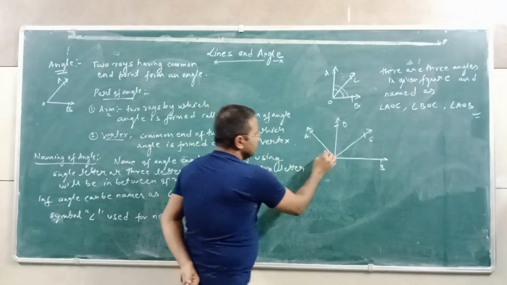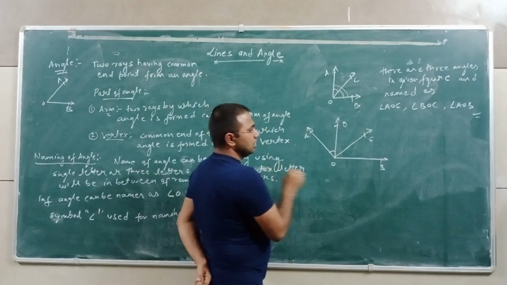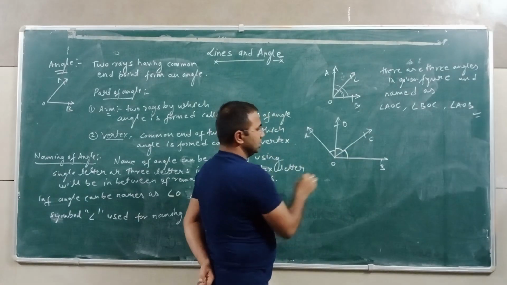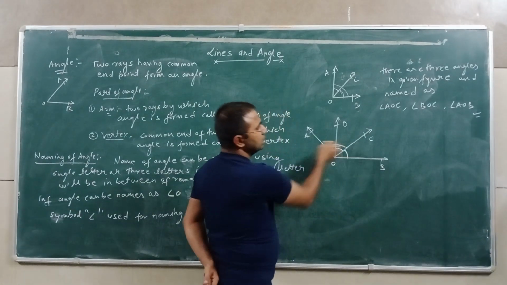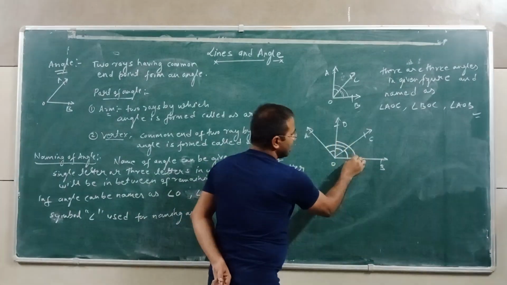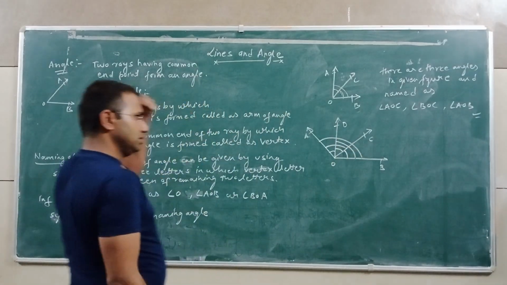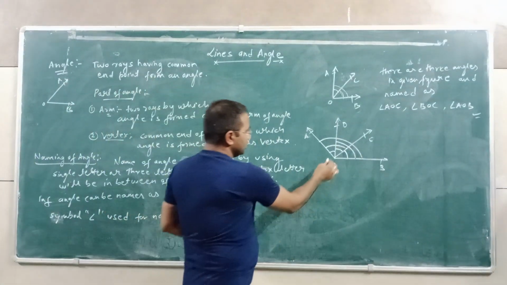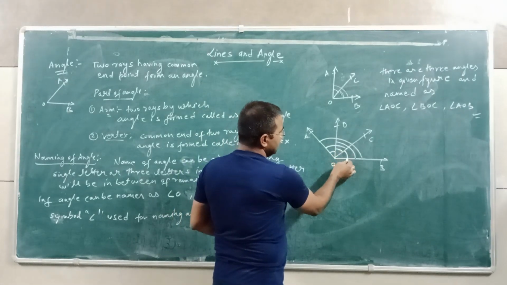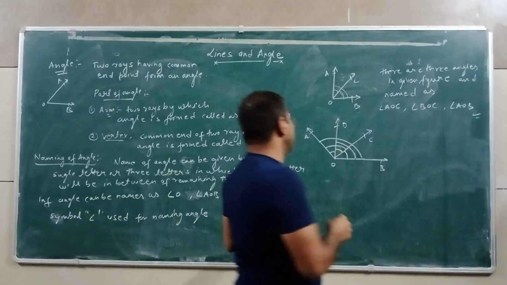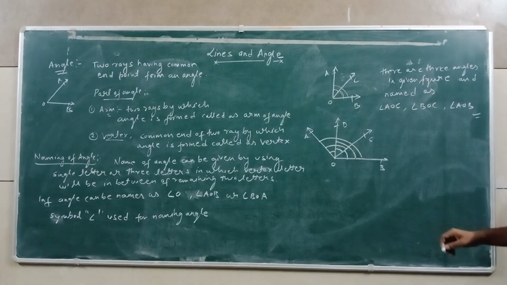See, first this one angle, two angle, three angle, then four angle, five angle, and six angle. You can see this is one angle, two, three, four, five, and six angles. So there will be six angles in the given figure.